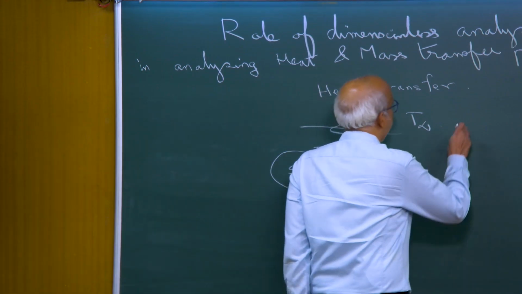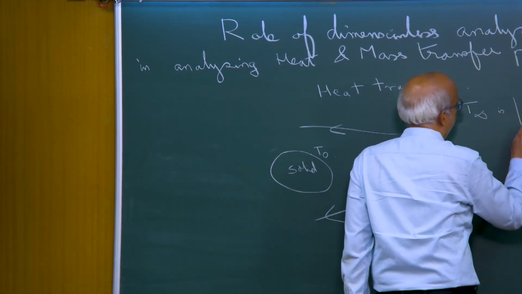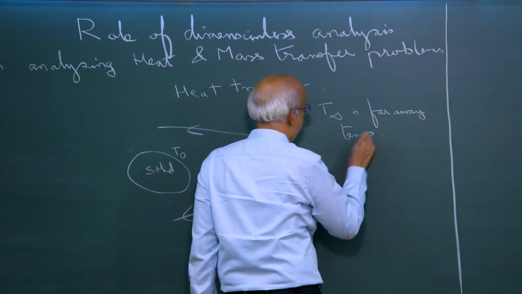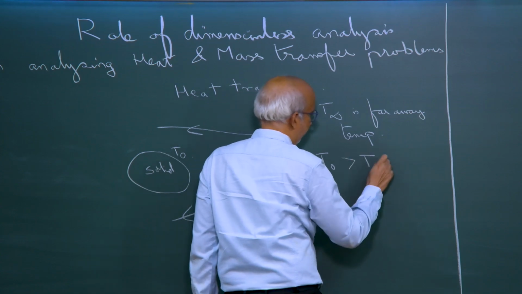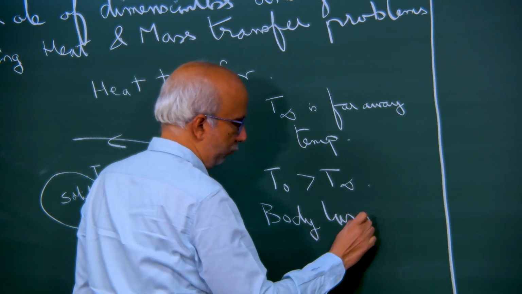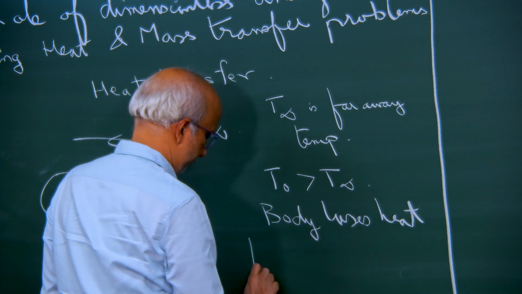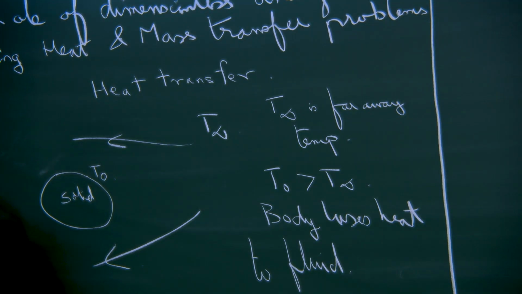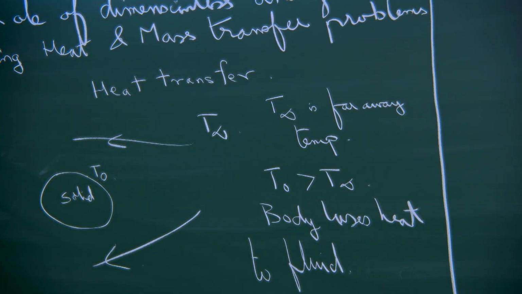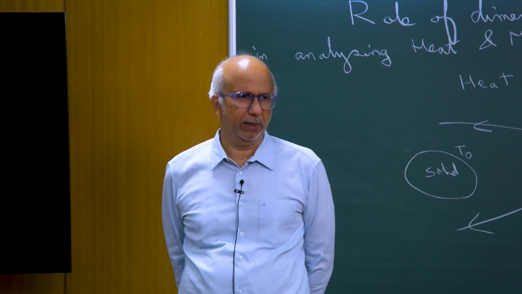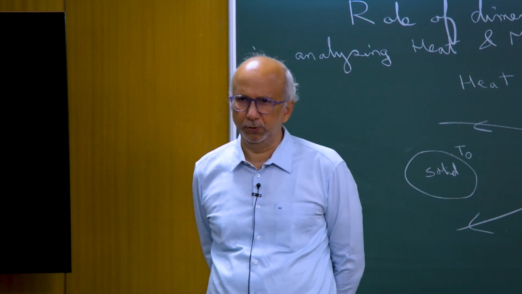T infinity is the far away temperature, T0 is more than T infinity, so the body loses heat to the fluid, okay. You want to find out things like what is the velocity field, what is the temperature field, and what is the rate of heat loss. Those are the typical questions of interest to you, okay.